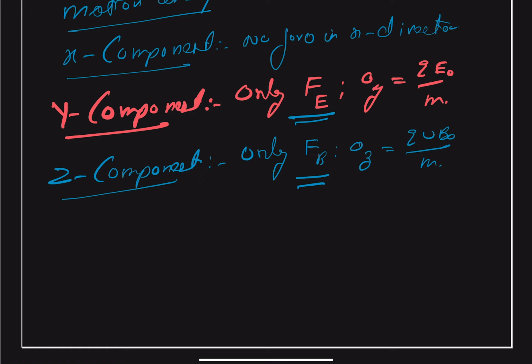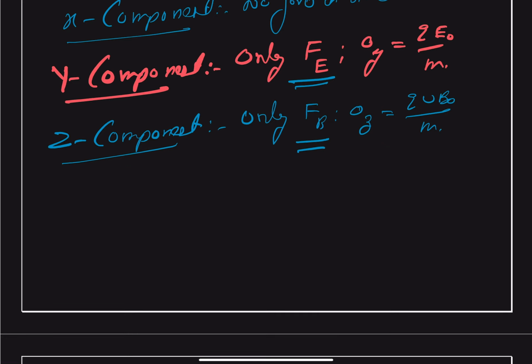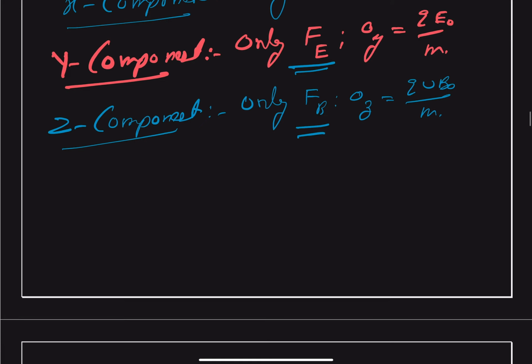So simultaneously there will be two motions taking place. One will be circular and another will be linear. So because of this, it will be a helical motion involving the z axis.